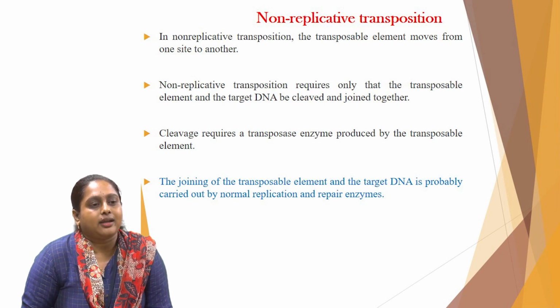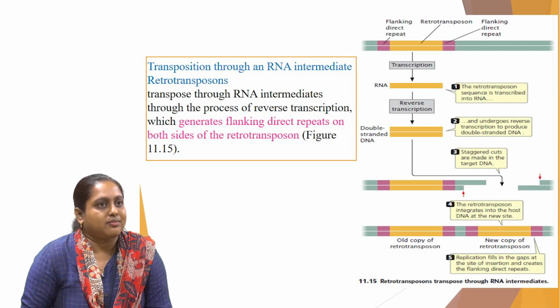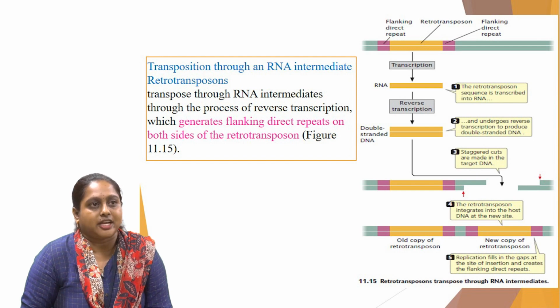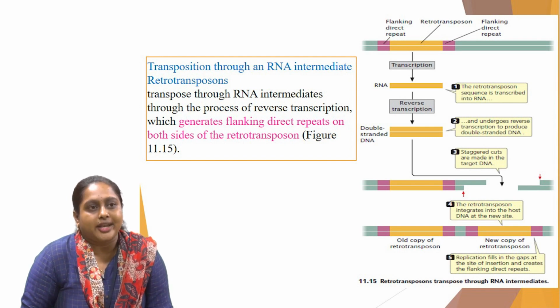This is an example with retrotransposons, which transpose through an RNA intermediate. In the figure, you can see a double-stranded DNA structure containing a retrotransposon, represented by the yellow sequence segment, flanked by direct repeats on both sides. This transposon undergoes transcription, which produces an RNA molecule.